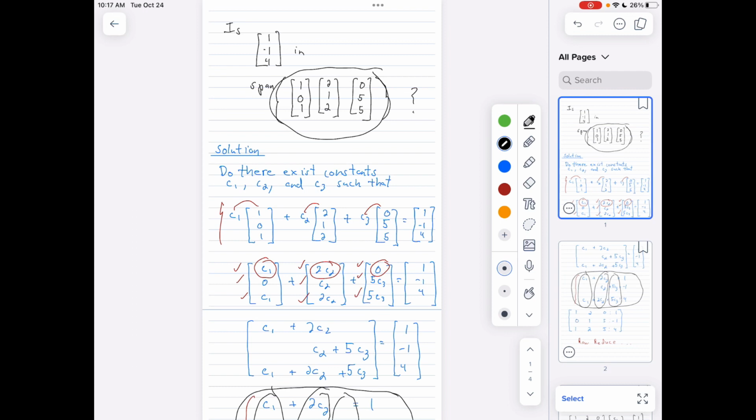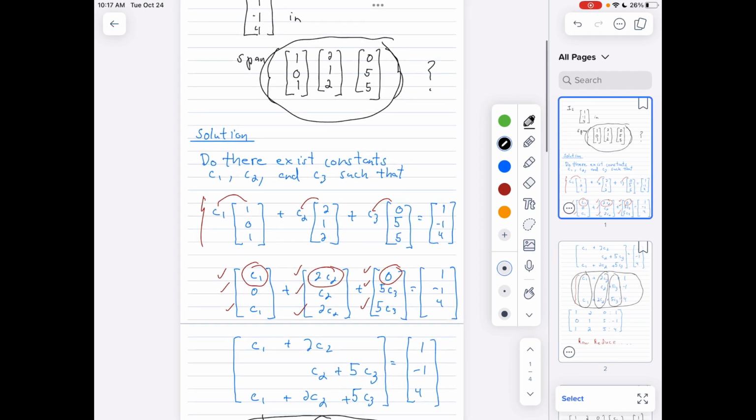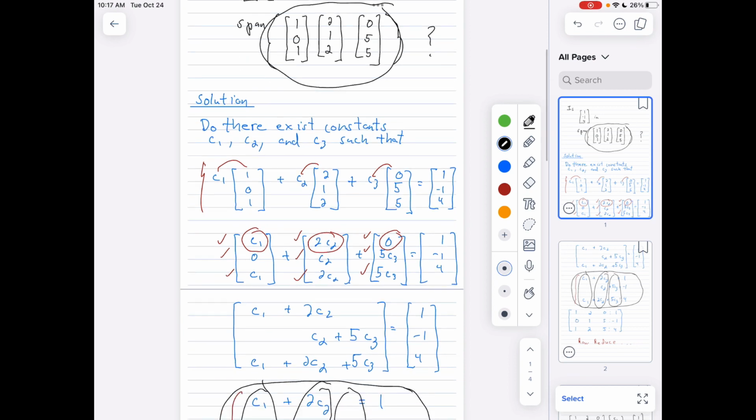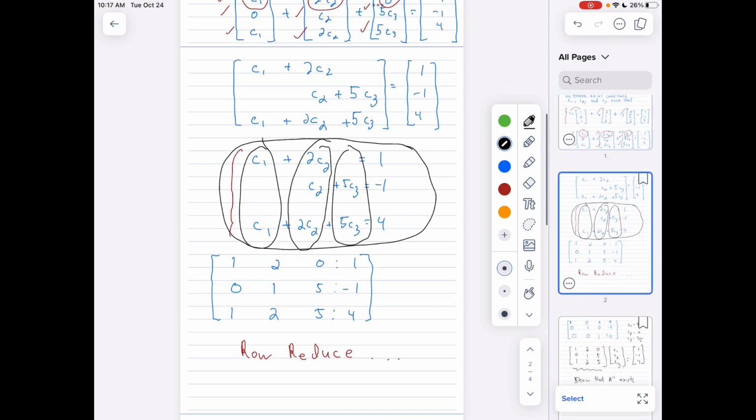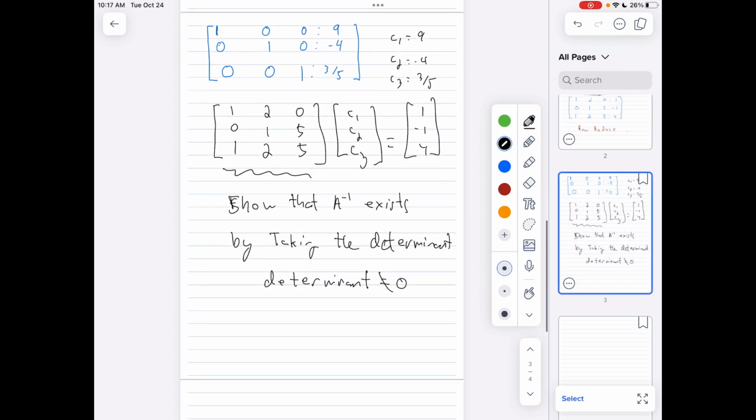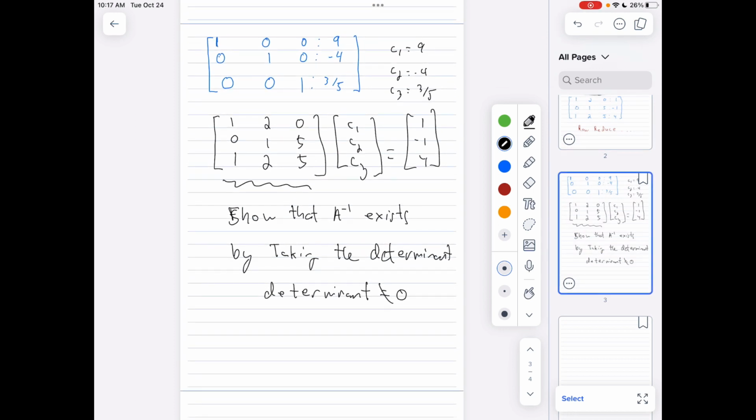A linear combination is when you multiply each vector by a constant, add them up, and see if there are constants that equal the vector in play, and we set up a system of equations, okay? And that was it. Because a solution existed, it is in the span. So we would say (1, -1, 4) is in the span of the 3 vectors that we had written earlier, okay?